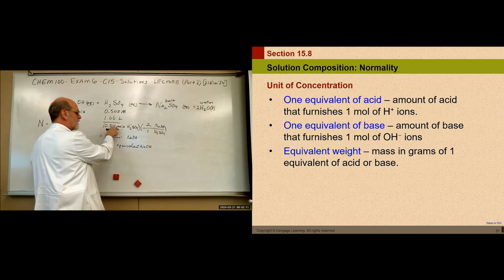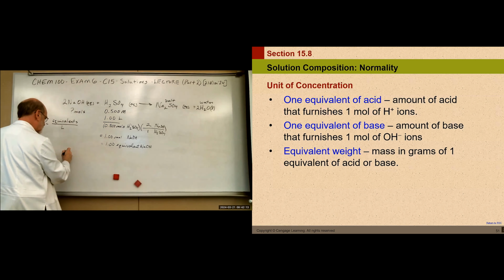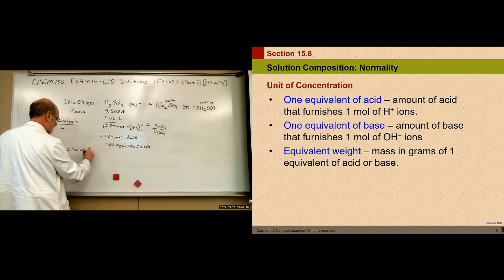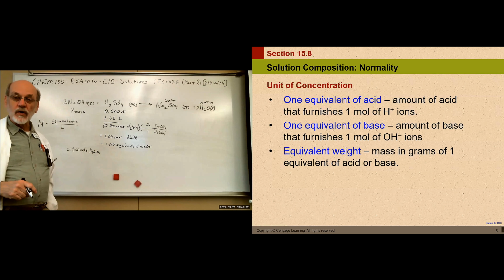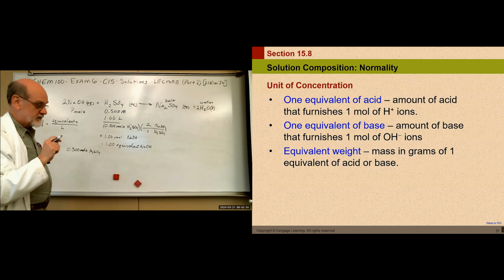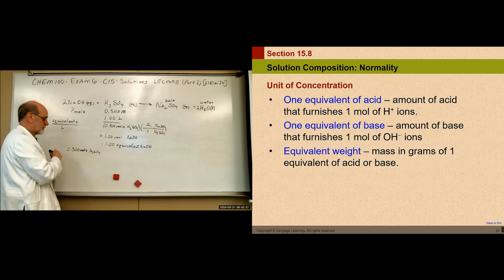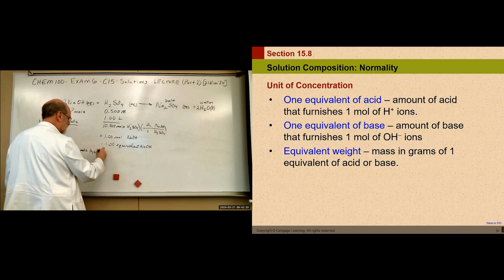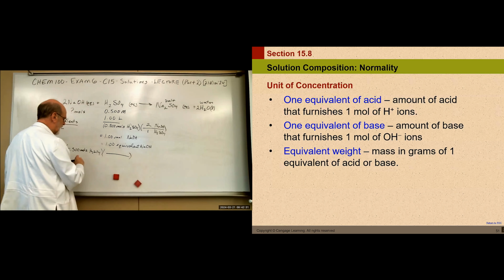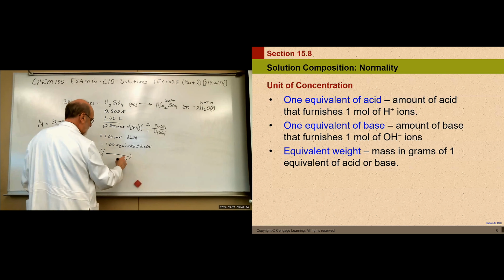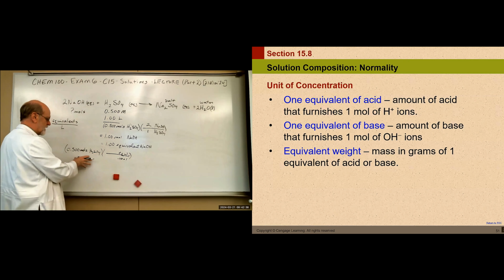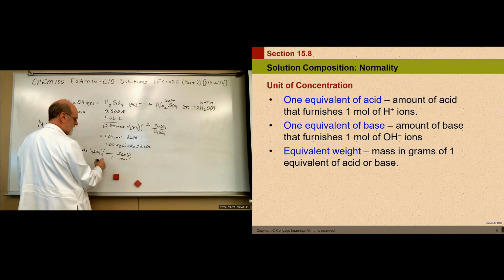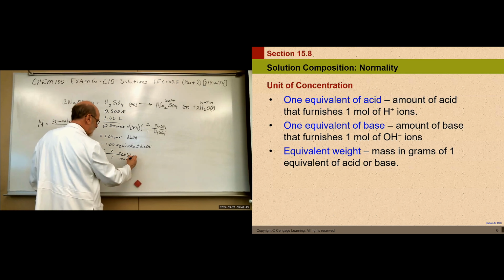0.5 moles of sulfuric acid produces how many moles of hydrogen ions? It produces twice that many, right? So we could view it as a dimensional analysis problem and say, how many equivalents of hydrogen ions are produced? Well, for every 1 mole of acid, you get 2 equivalents.